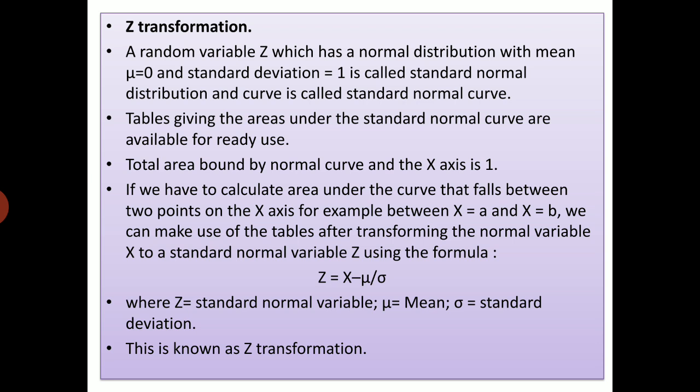Okay, so x is the variable value, from which point to which point you have to calculate. This is known as the z transformation.